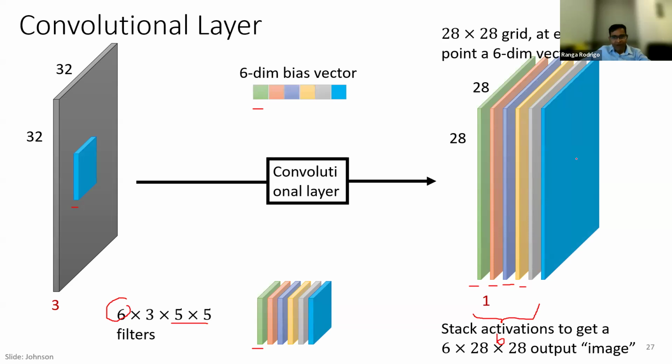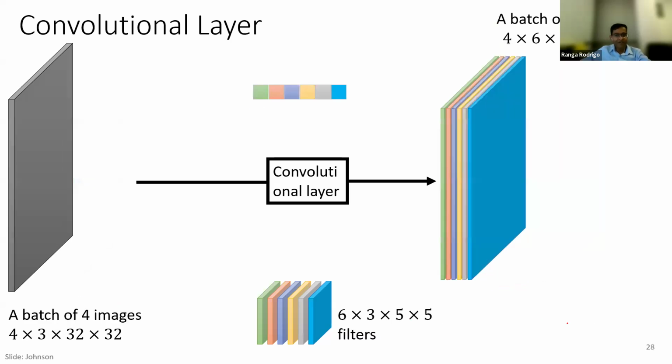So on a 28 by 28 grid, at each point there's a 6-dimensional vector. You can consider it like that. So stack the activations to get a 6 by 28 by 28 output. It's not an image, we call it a tensor. I hope this is clear for you.